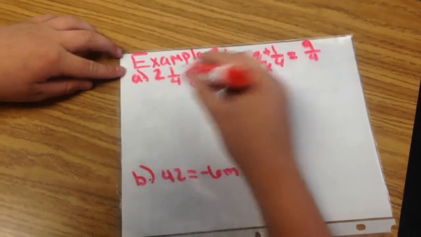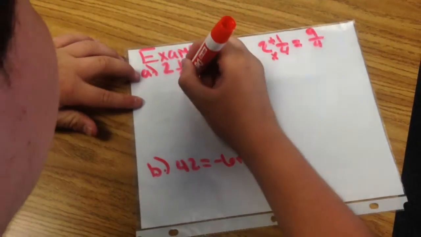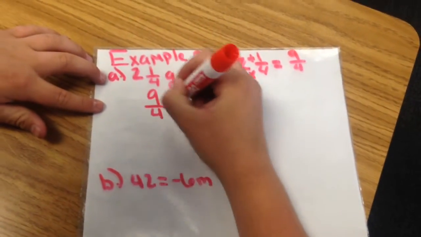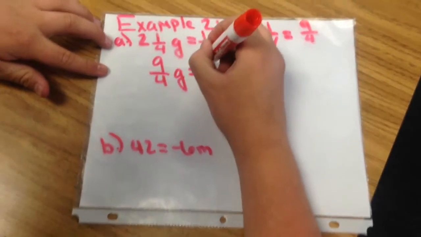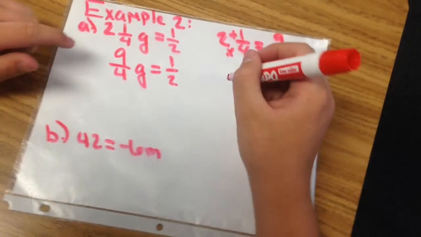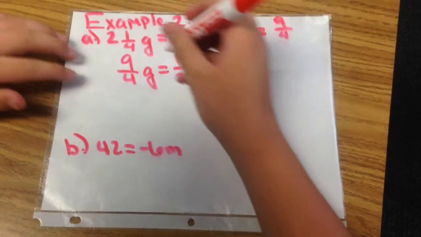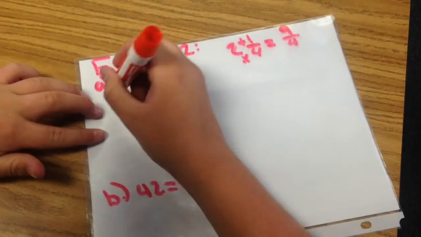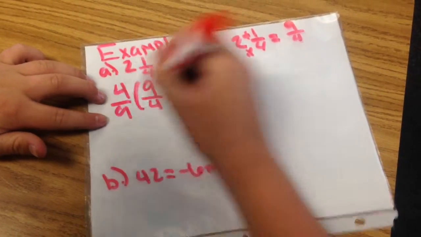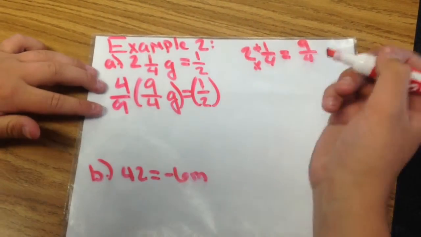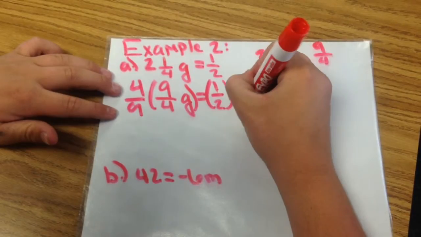So now that you know 2 and 1/4 equals 9/4, you can rewrite the equation as 9/4 g equals 1/2. Now you're going to multiply by the reciprocal, or the opposite. So you're going to flip the two numbers on the fraction. So now multiply this times 4 over 9, and do the same to the other side, 4 over 9.